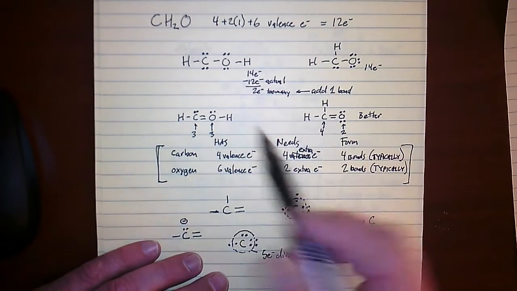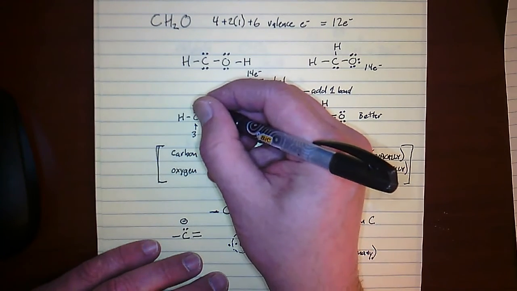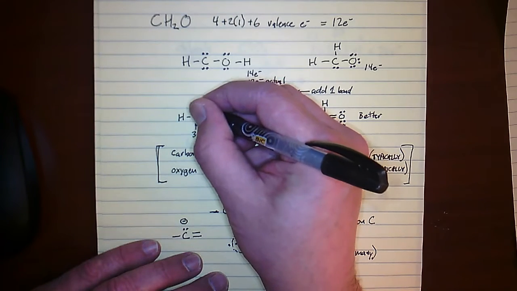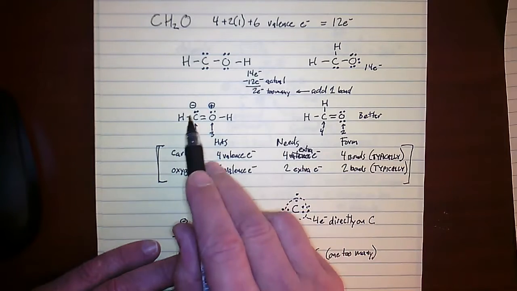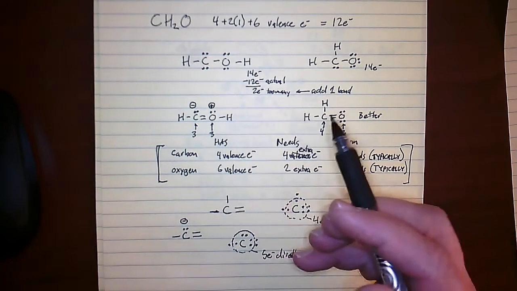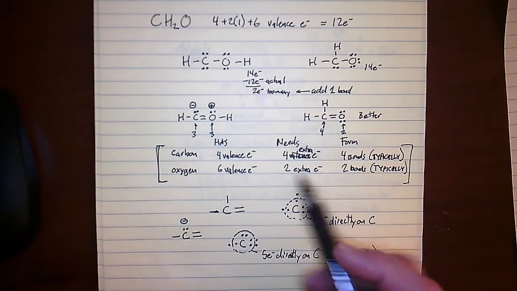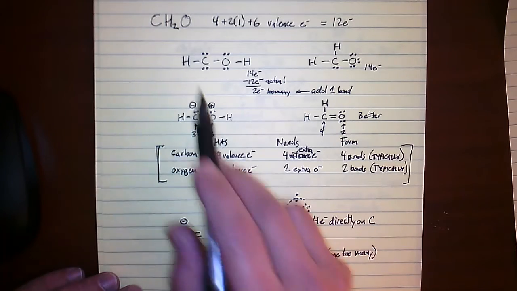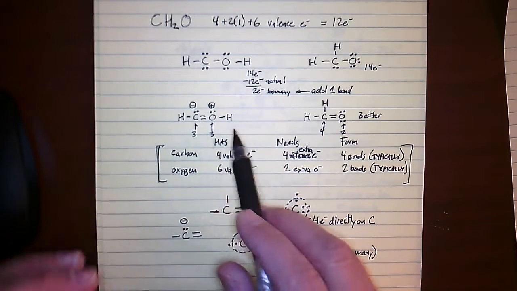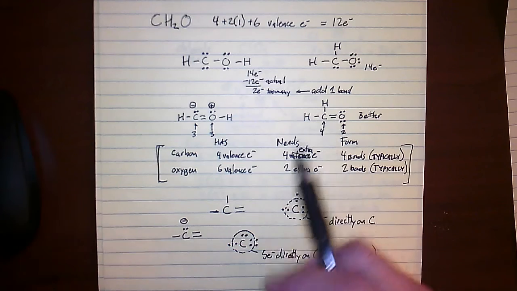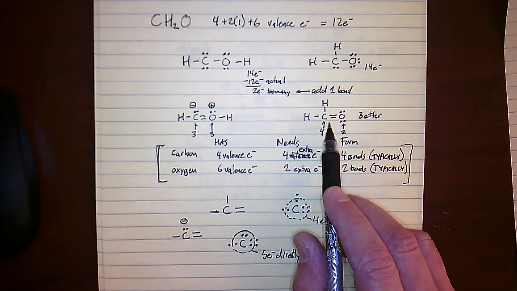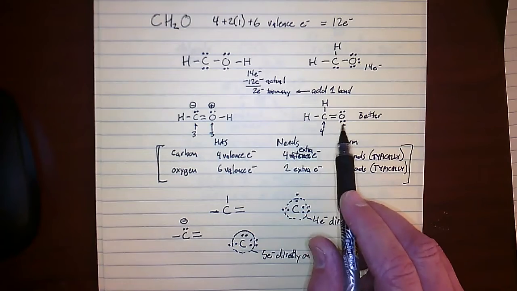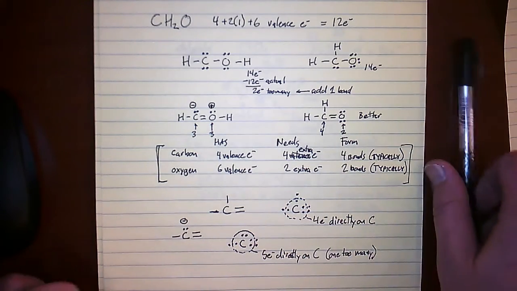But on this one we would have a formal negative charge on the carbon and a formal positive charge on the oxygen. And it takes energy to stretch the negative charge away from the positive charge. Overall, the charge is 0, which we would predict. But we've added energy to pull the electrons away from the protons, where here we haven't added any energy, so this is a better structure. Okay. So that's how we use formal charge.